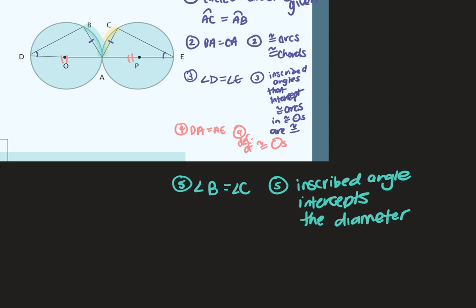Technically, I would have had to say that they're both 90, and then they're both congruent, so that's two steps. Let me do that. Angle B equals 90, angle C equals 90. Then you can say angle B equals angle C. And that's substitution.